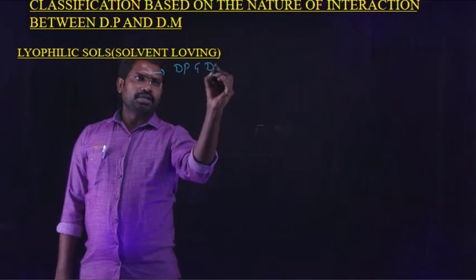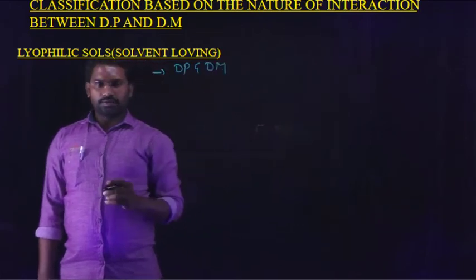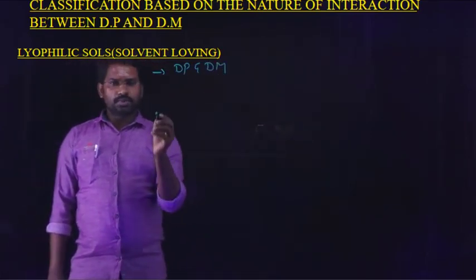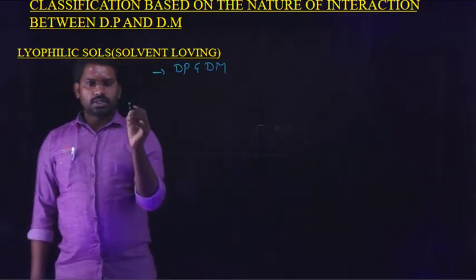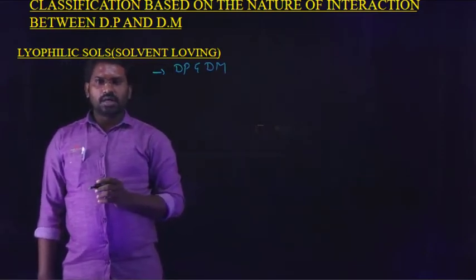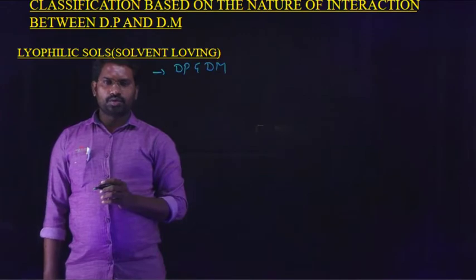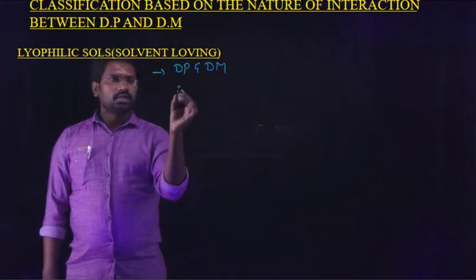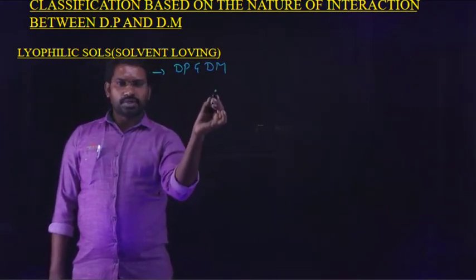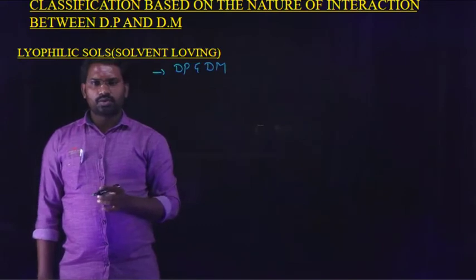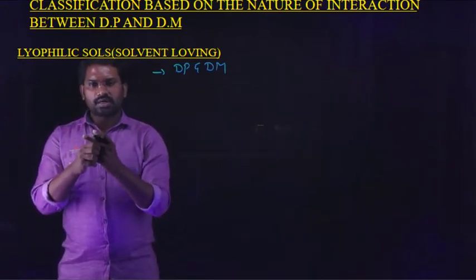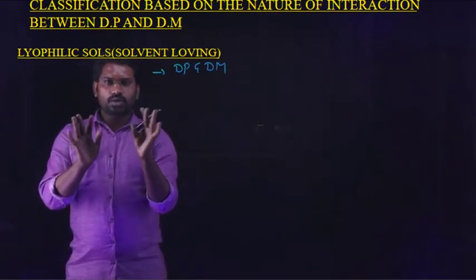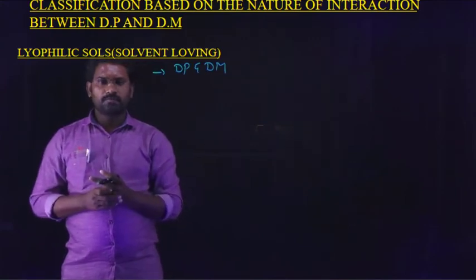Colloids contain two parts: the dispersive phase and the dispersion medium. If there is a greater interaction or greater affinity between the dispersive phase and dispersion medium, such type of colloids are called lyophilic sols. Lyophilic sols are solvent loving sols. Here, the greater interaction takes place between the dispersive phase and dispersion medium present in the colloidal solution. Such type of colloids are called lyophilic sols or solvent loving sols.